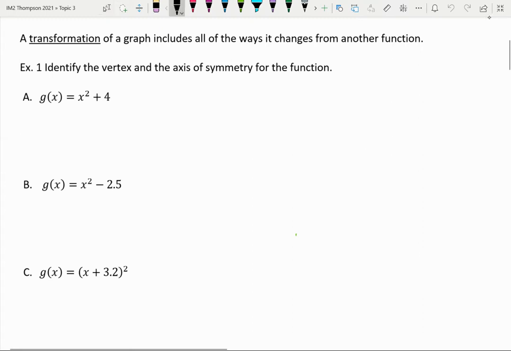I'm going to draw a sketch. It's not going to be super precise, but we're going to get an idea of some things here. Here's the parent function.